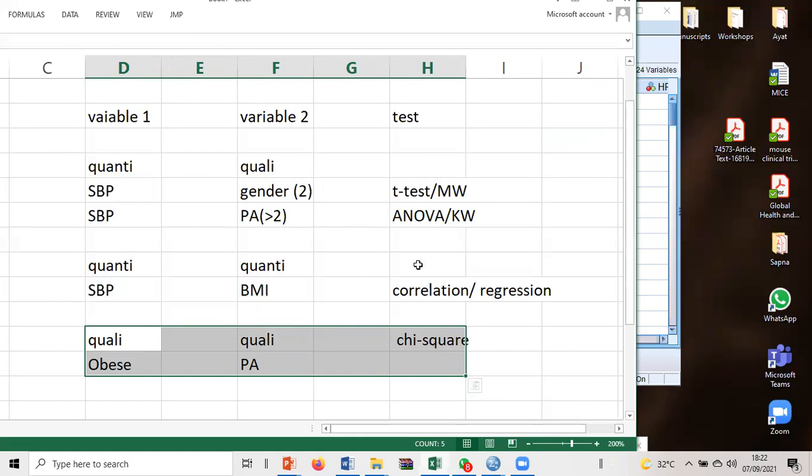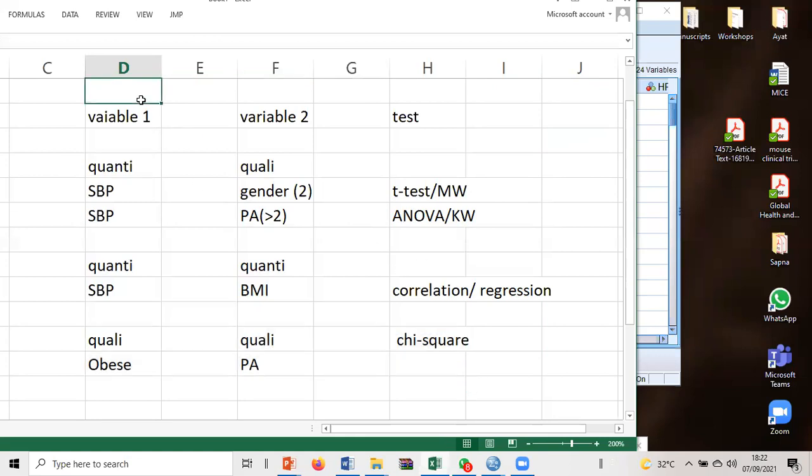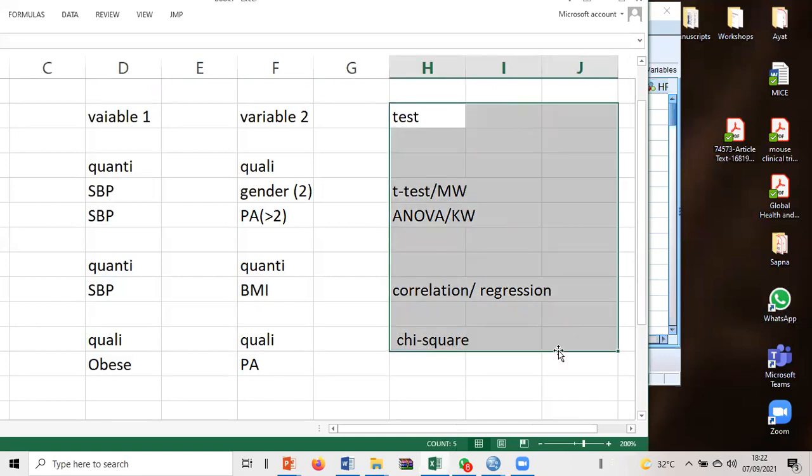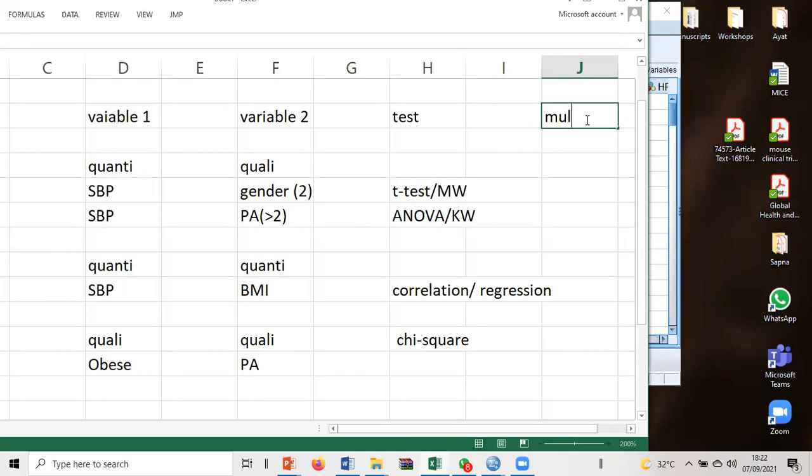So next week onwards, we're going to move on to multivariate analysis. Multi means more than one predictor. Supposing, does BP depend on gender? Only one variable, one predictor.